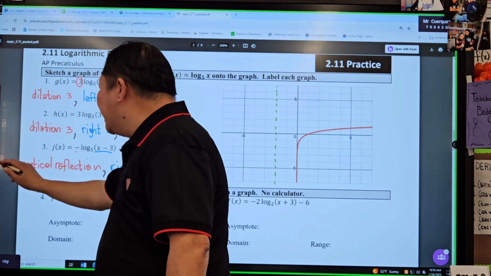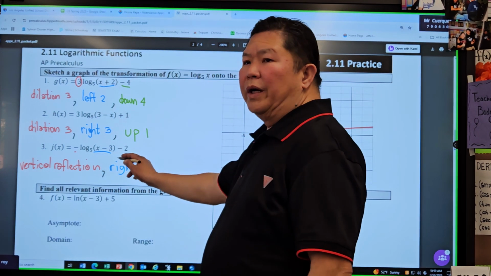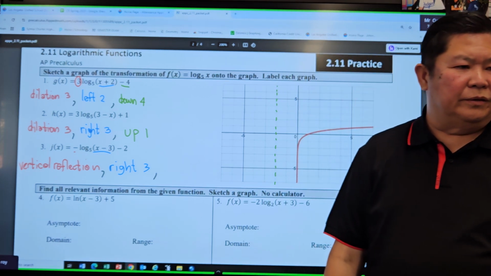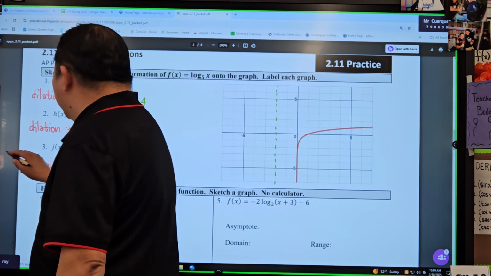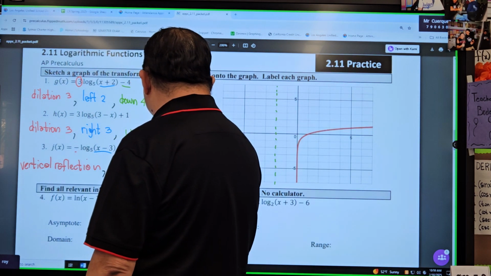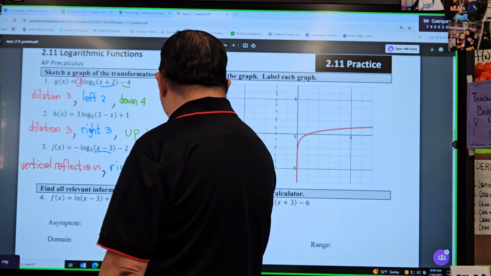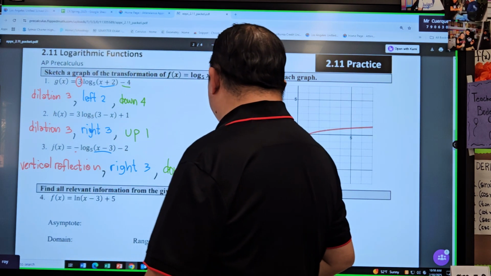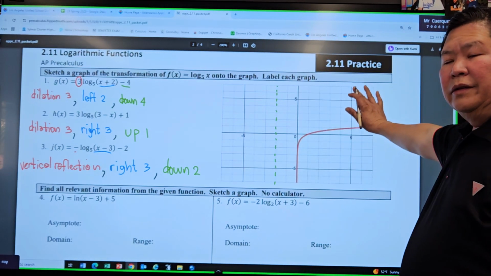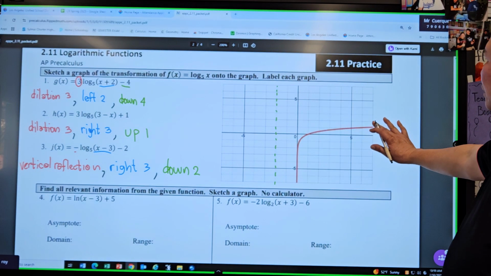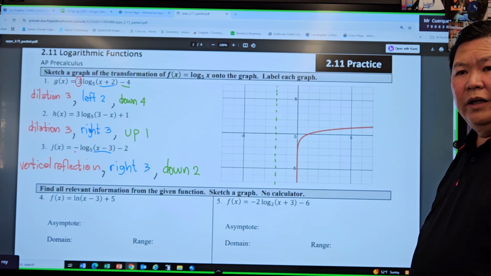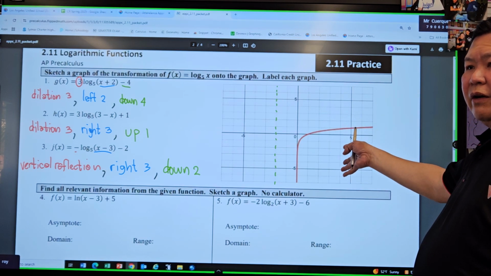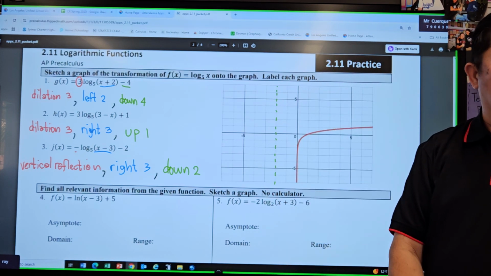And then what's next? What is negative 2? Up or down? Down by 2. So down 2. So, again, I need you to label each graph right here. I need to see 3 graphs on your workbook.